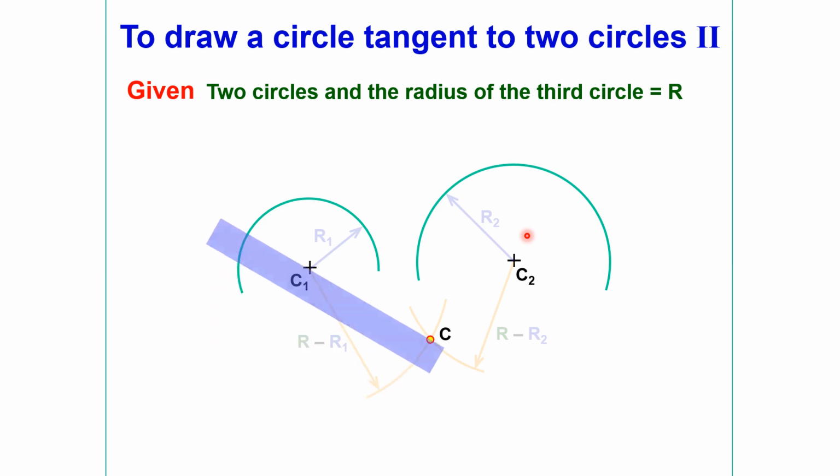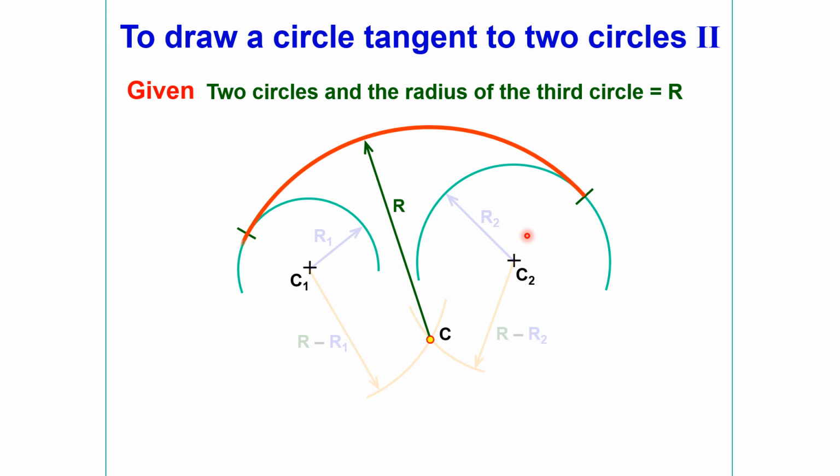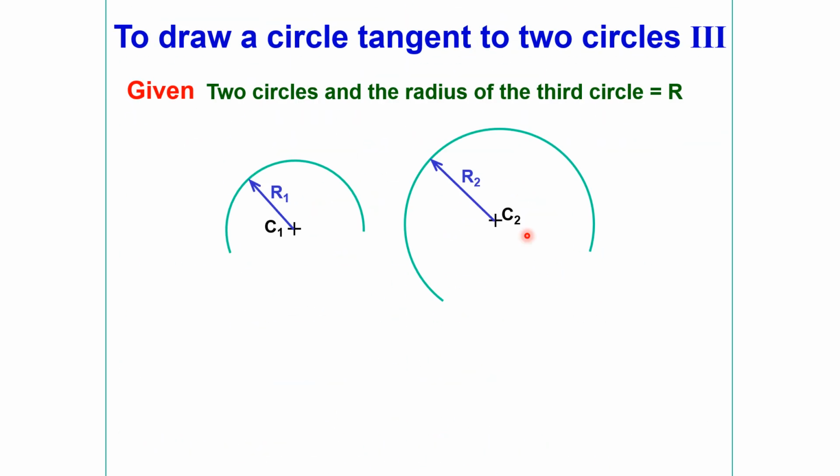Now indicate the points for the beginning and ending of this arc here. Okay, now extend backward. So that's how you will draw the arc.